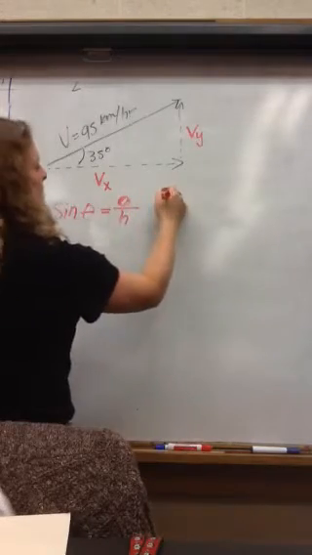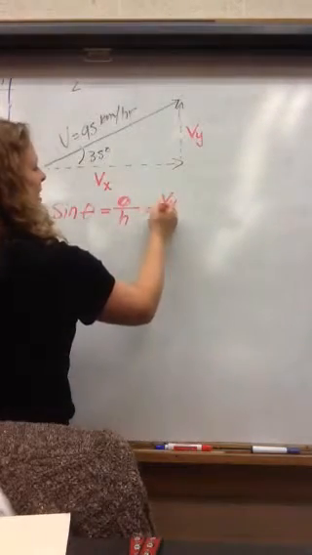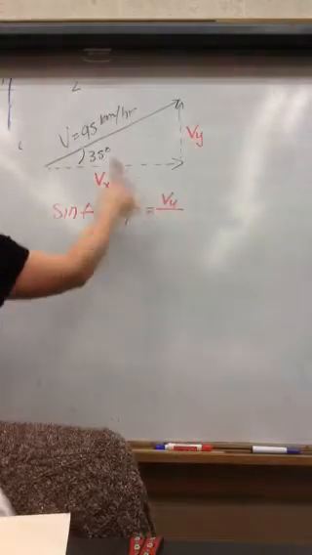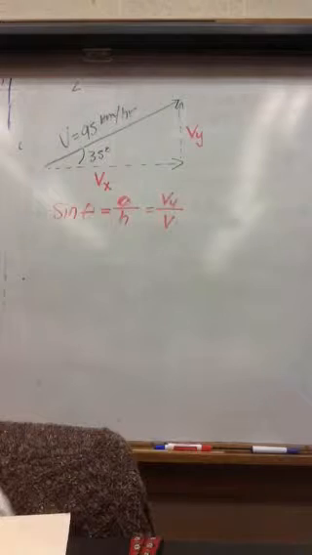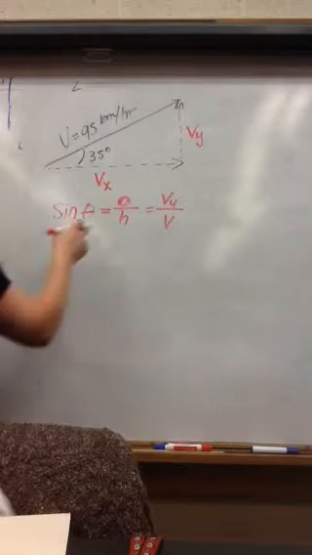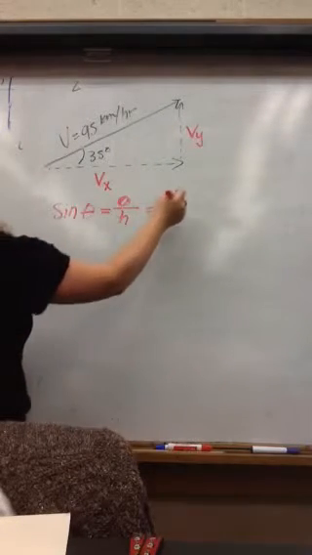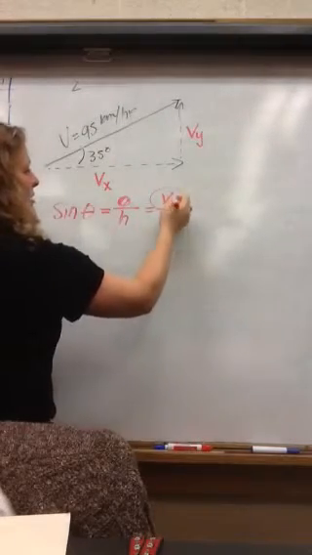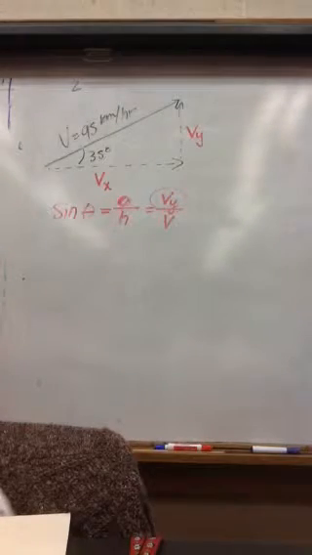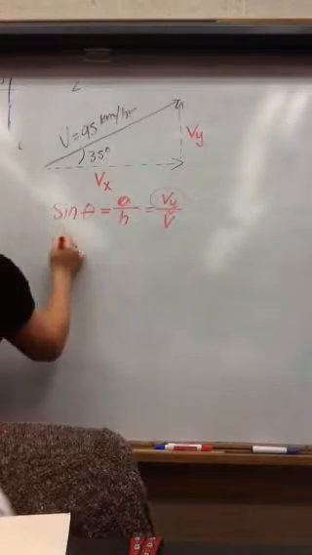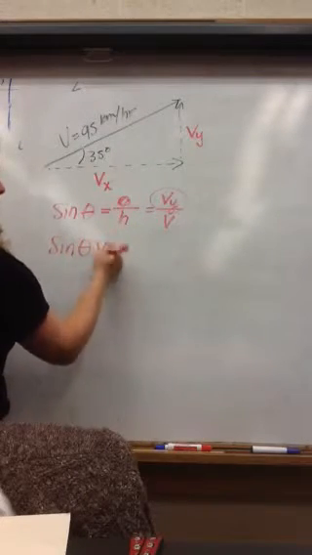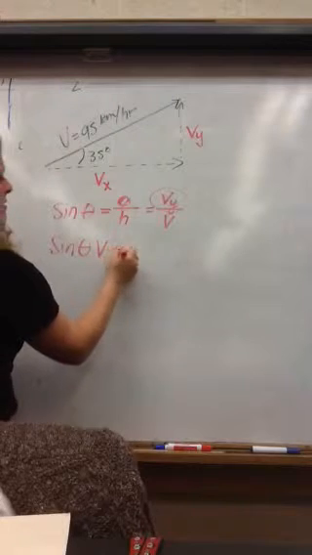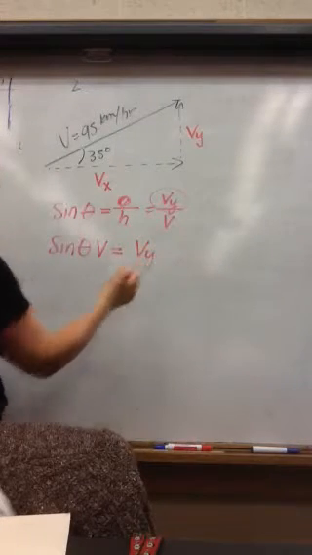In this case, our opposite is our y velocity, and our hypotenuse is our total velocity. We want to solve right now for our y velocity. So the sine of theta times our total velocity will give us our v sub y.